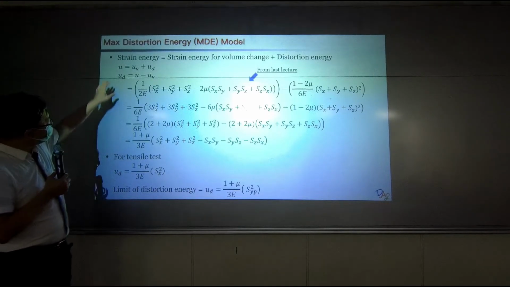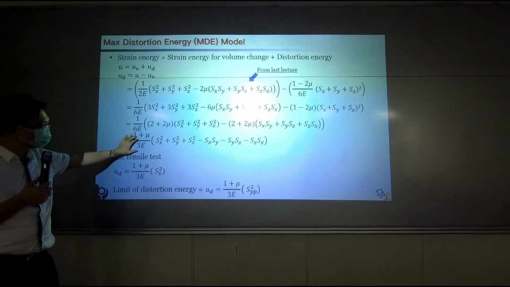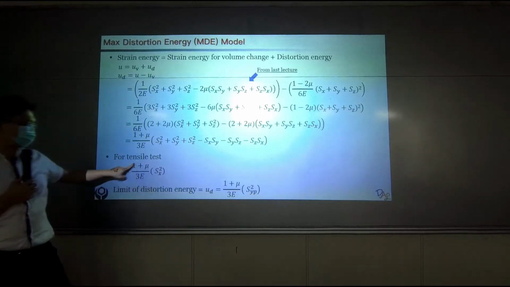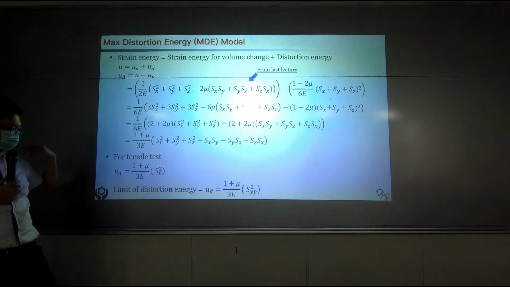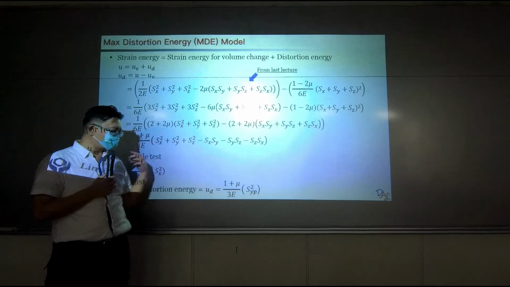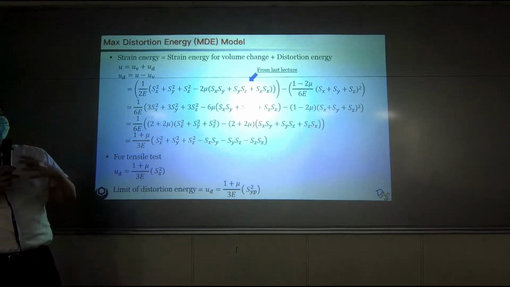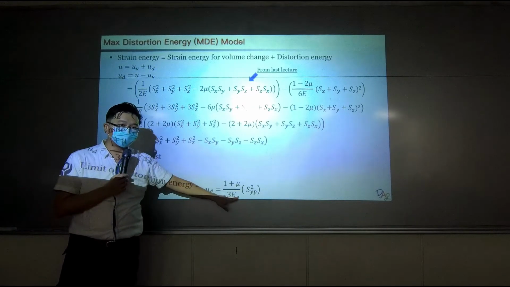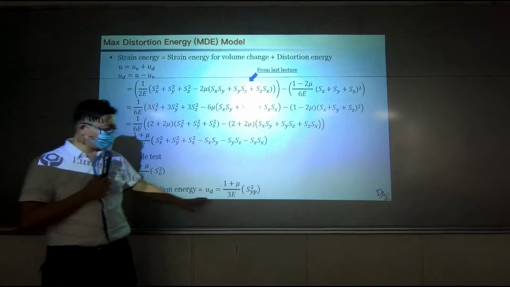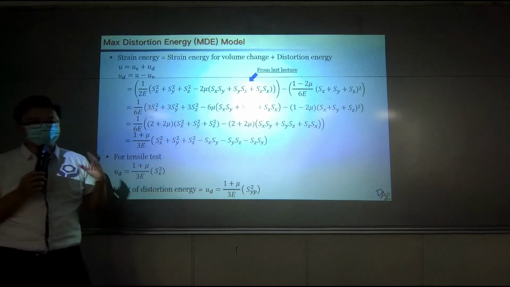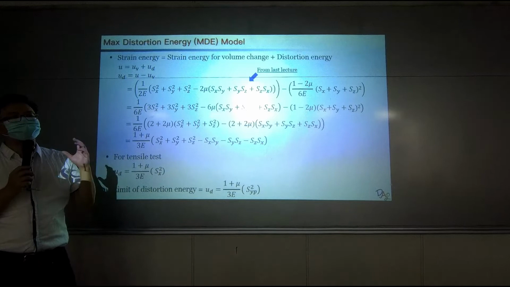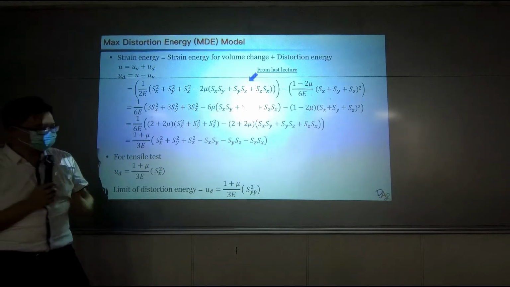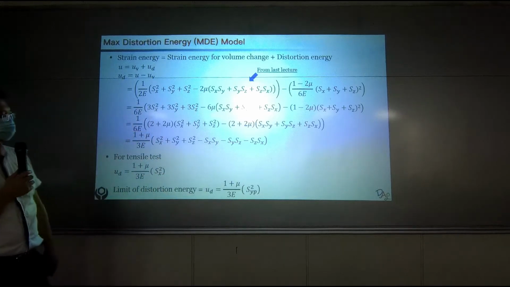So if this is the distortional energy, then the distortion energy for the tensile test could be calculated like this. And when the material is about to yield, the distortion energy should equal to this. And this theory assumes this should be the maximum distortion energy the material can handle. So this is the upper limit.